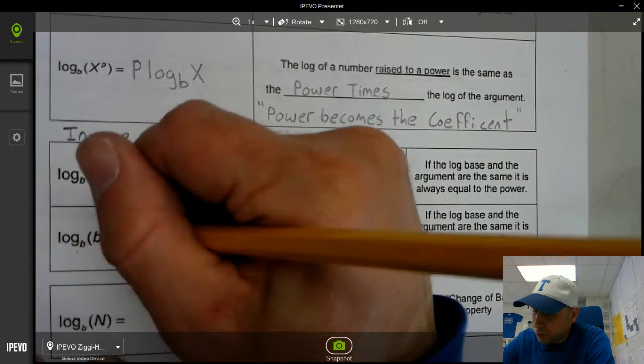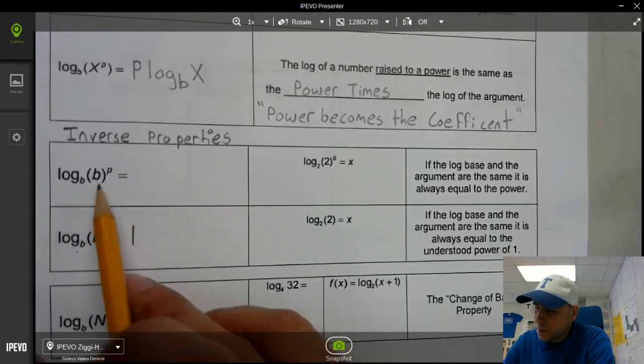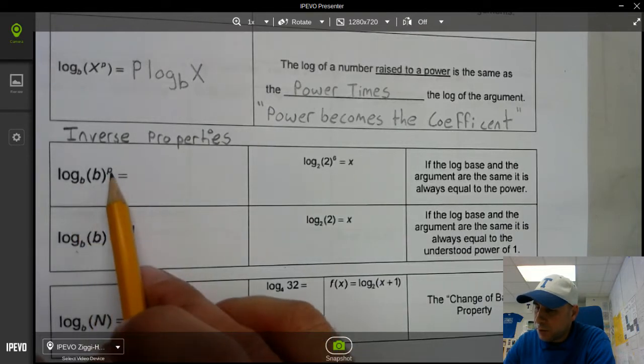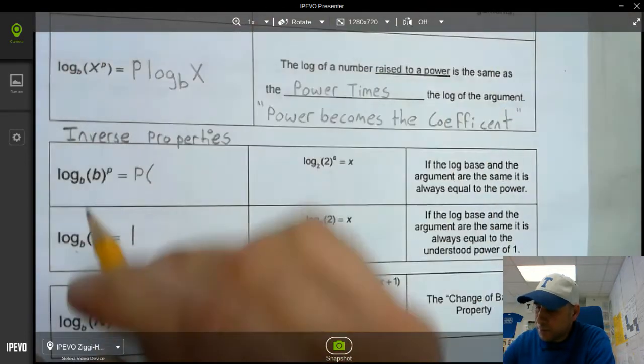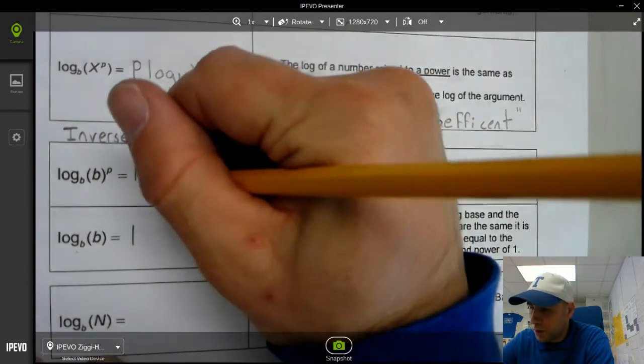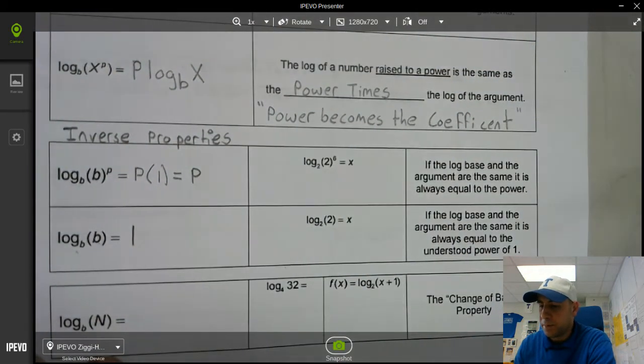Log b of b is equal to 1. Okay, so we know if that's 1, and we know by the raised to the power rule, this becomes p, but that's 1, so p times 1, which equals p.